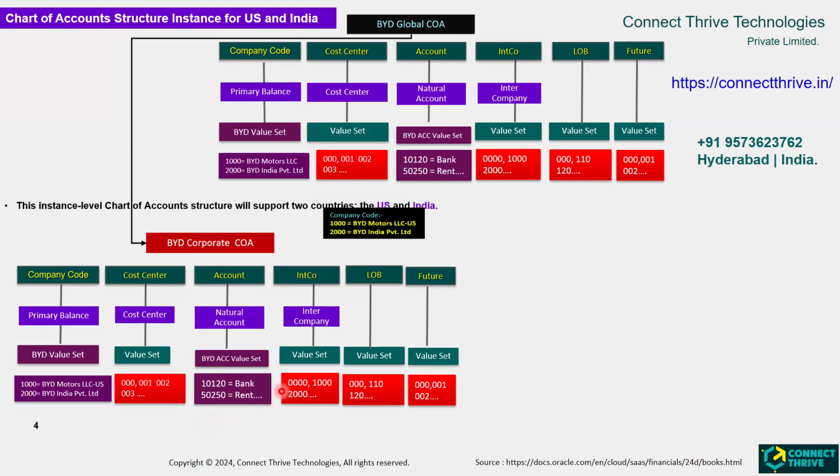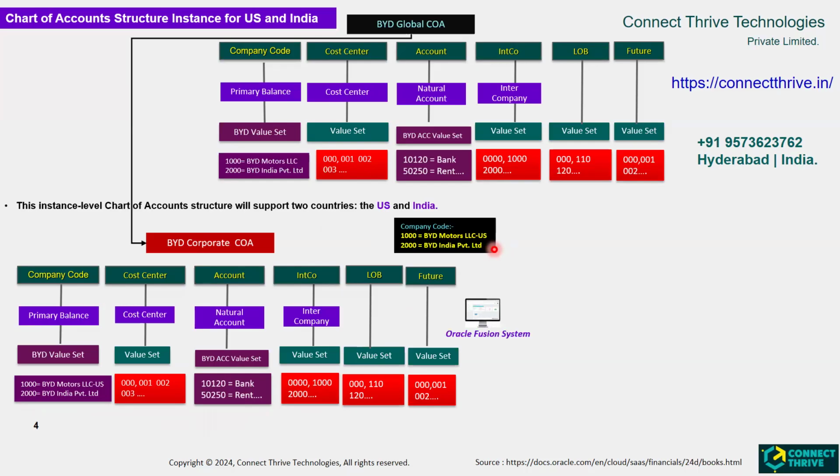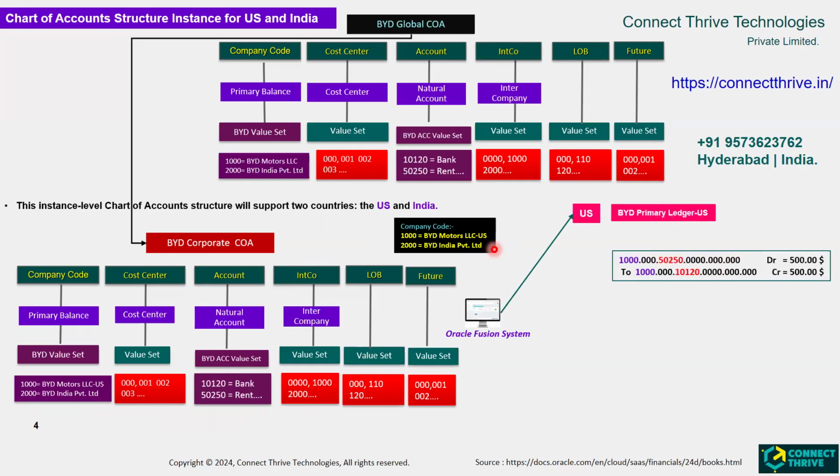These are the company codes for India and US. 1000 is the US entity, and 2000 is the India entity. When we book a particular transaction in our Oracle Fusion system using this chart of account structure for a specific ledger, let's take the US primary ledger, whenever the user tries to book an entry, here we have rent account debit to cash account.